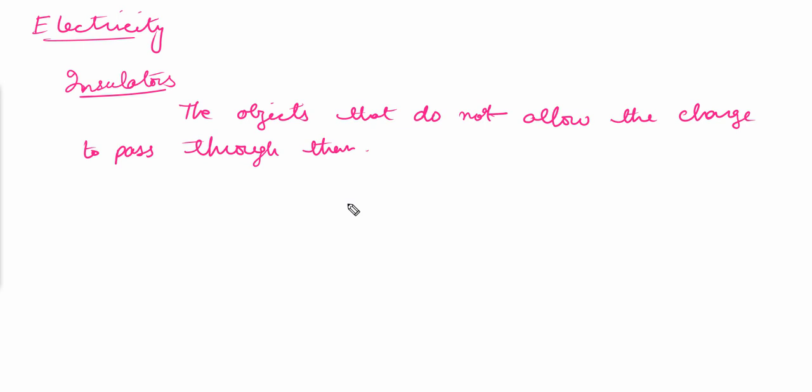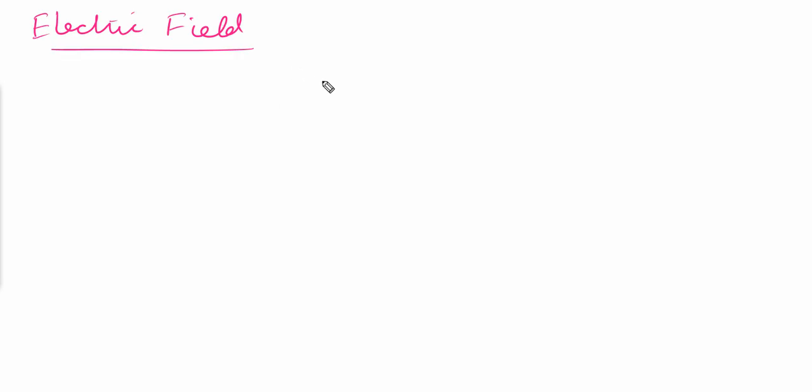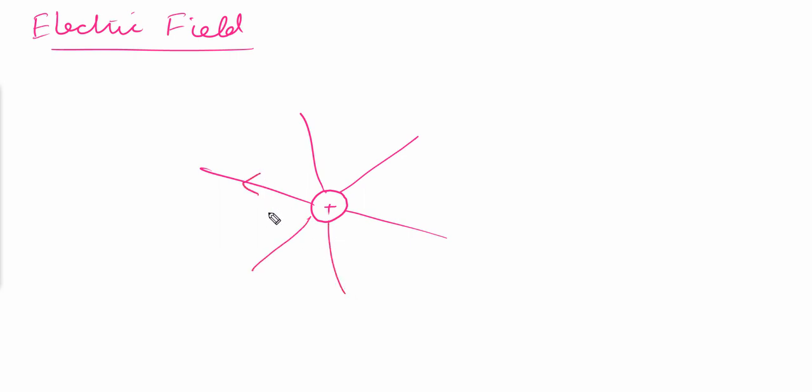After this we have to discuss the concept of electric fields. Let's suppose we have a positive charge and these are the electric field lines moving away from this positive charge.